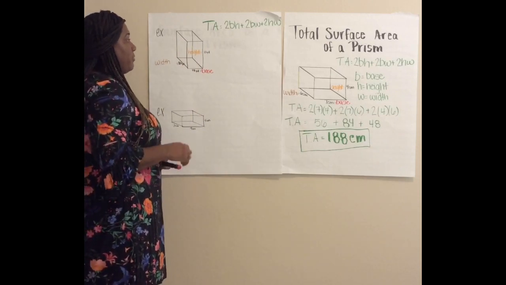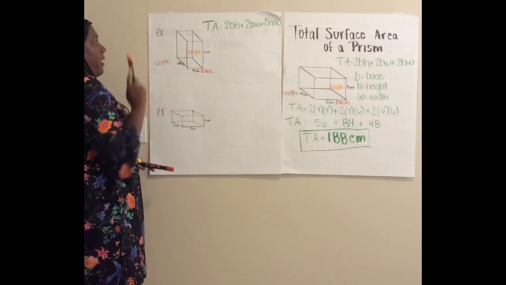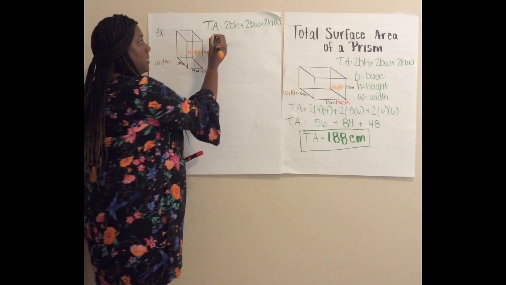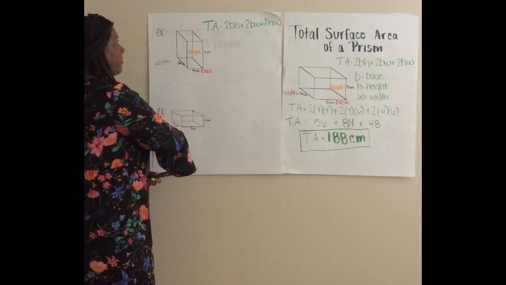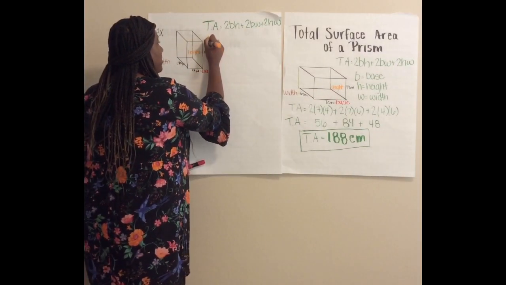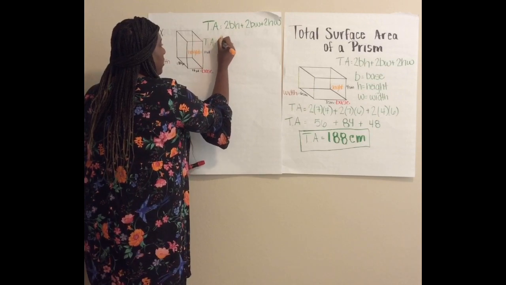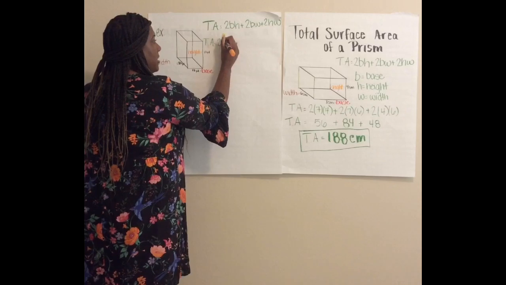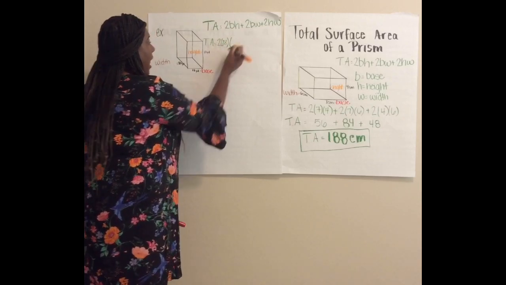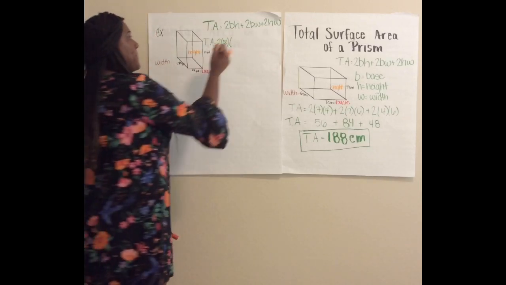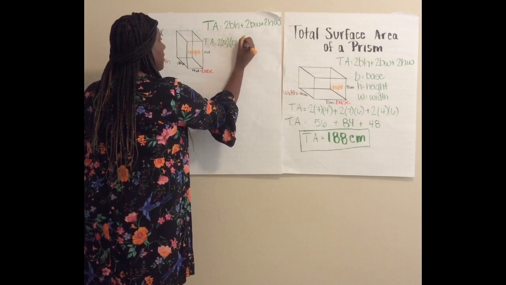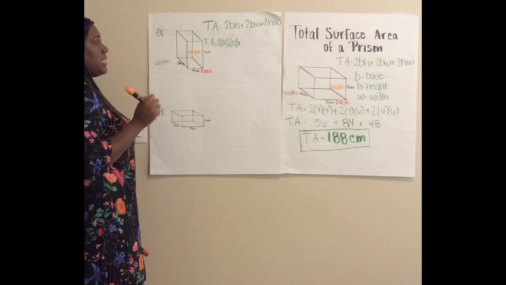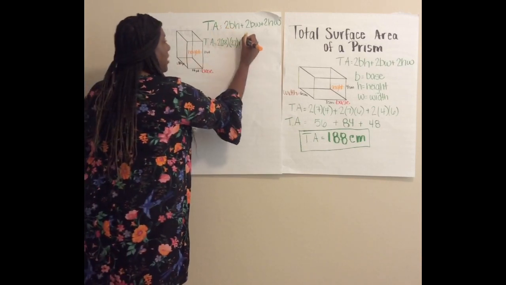So now that we identified everything that we have, we're ready for our formula, correct? So let's go. We have TA equals 2. Our base is what? 18. Our height is what? 27. Oops, I didn't close my parentheses. Just did it. Plus sign, 2.